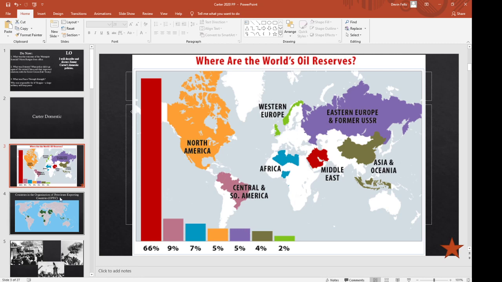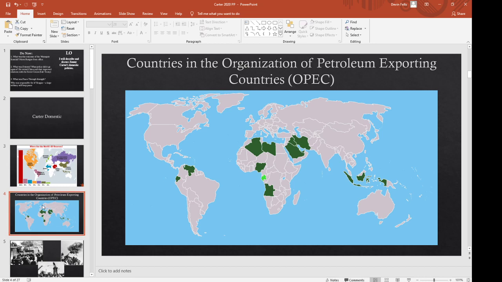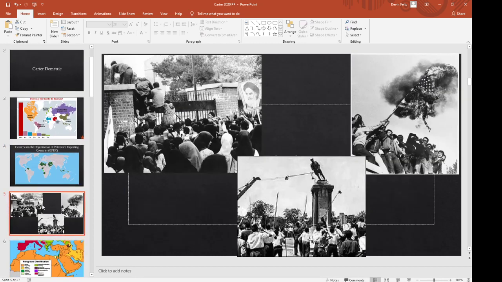So there's a couple of things going on around the world at this point, especially in the Middle East. During the 1970s, there was a revolution in Iran. The United States had a good, solid relationship with Iran.